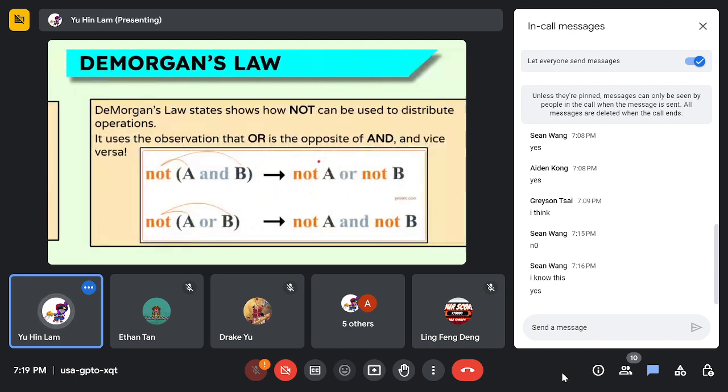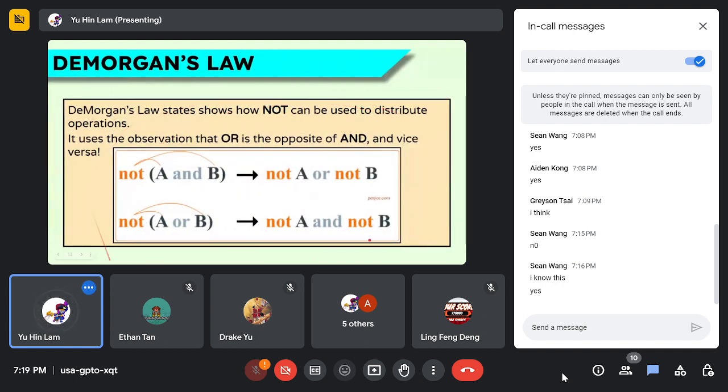Okay, so time for our special law, which is De Morgan's law. De Morgan's law is kind of like the distributive property, just a little bit different, as it shows not as distributing to the operators. So in De Morgan's law, we assume or and and are opposites of each other, just like positive and negative, on and off.